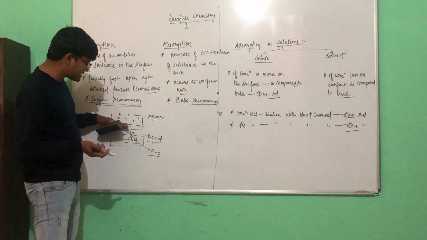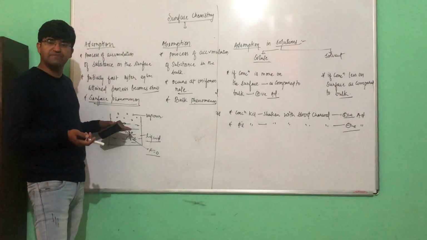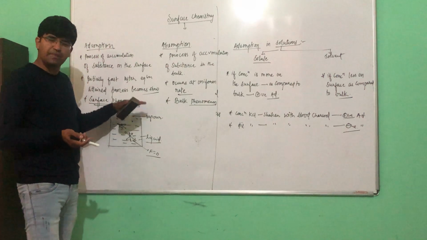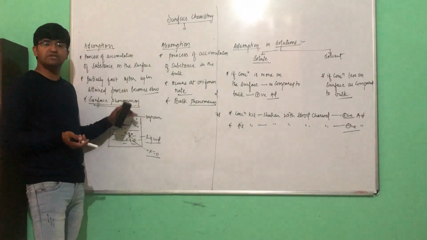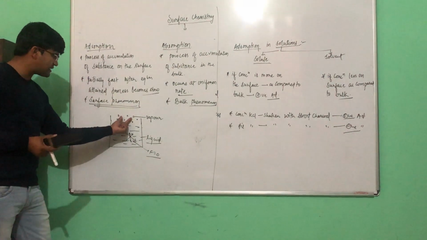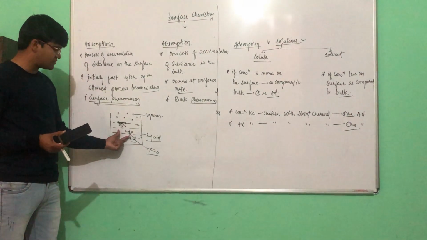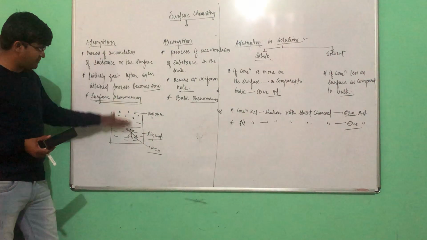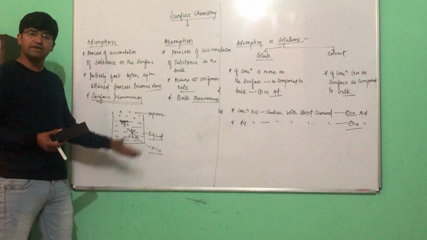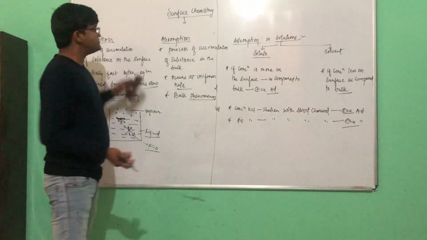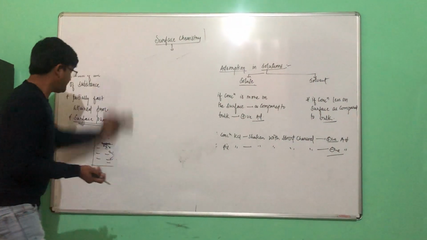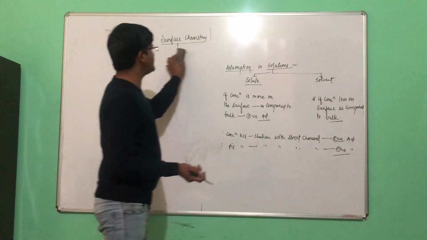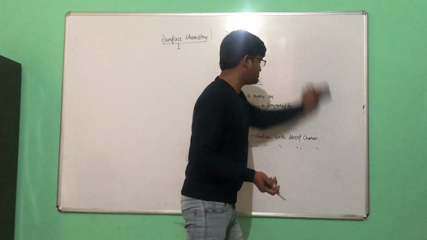So the force of attraction on the particles present on the surface is more as compared to the particles present inside, because outside particles exert less force as compared to the inner particles. That is why the particles are attracted inwards. So now we are going to study the factors affecting adsorption of gases on solids.